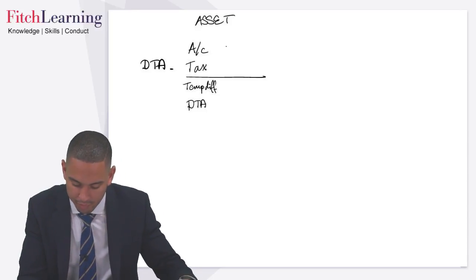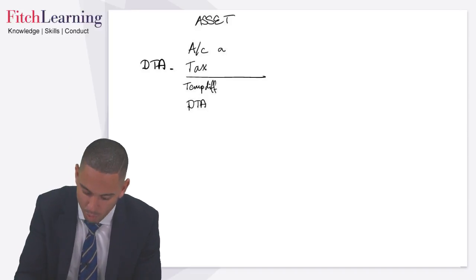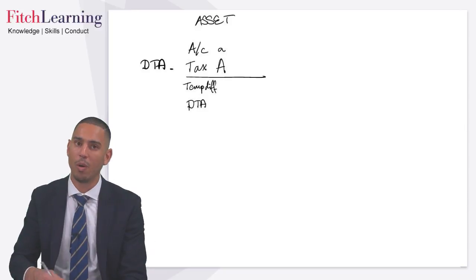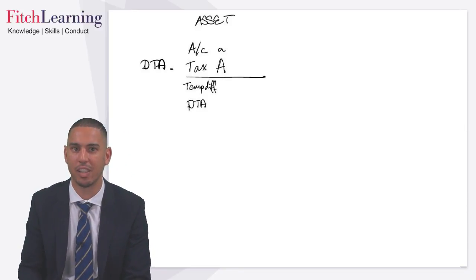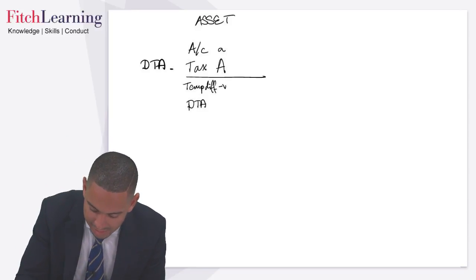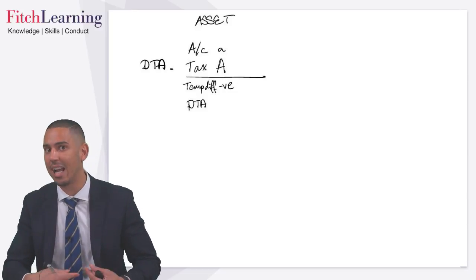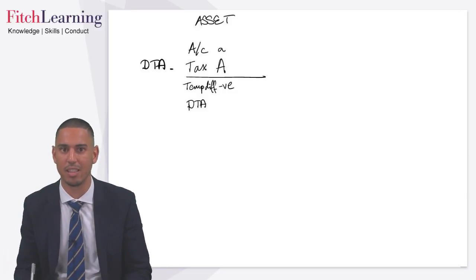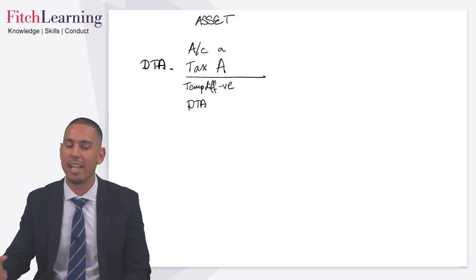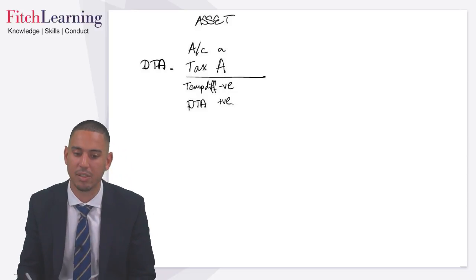If you have an asset per your accounts which is smaller than the asset according to the tax man, you always go accounts minus the tax figure. So a little asset minus a big asset is going to give me a negative number. And then I'm just going to apply a tax rate to it like I would if it was in my income statement. And remember, the tax is always the opposite sign. So a negative temporary difference will give me a positive deferred tax asset.